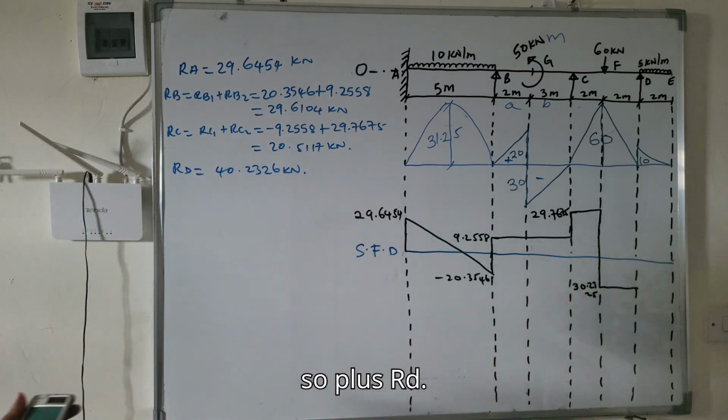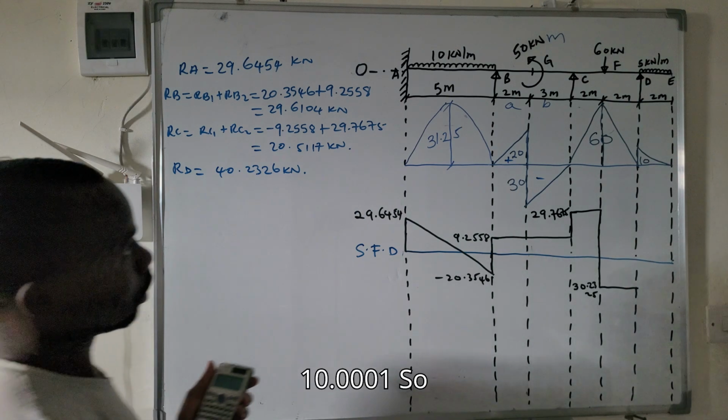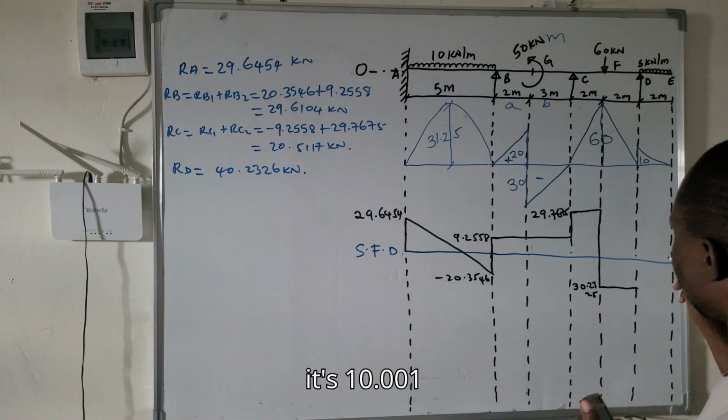So plus RD, 40.2326, so it's 10.0001, so it's 10.001.